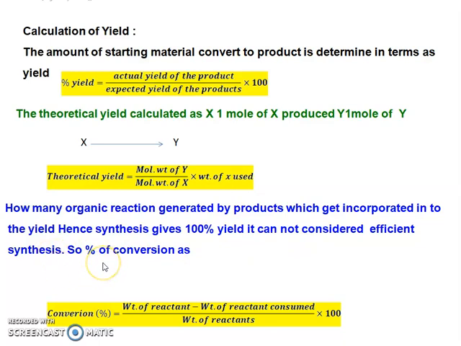Therefore, we can calculate the percentage of conversion as another term, the percentage conversion. The percentage conversion is equal to the weight of reactants minus the weight of reactants consumed, upon the weight of reactants, into 100.